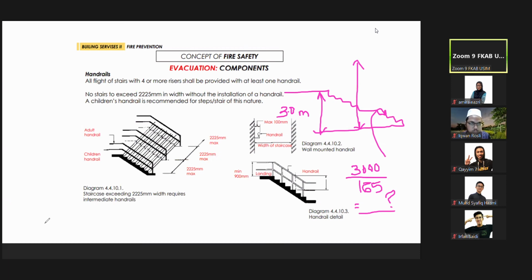Most probably the drawing has to be dog leg. Do you know how a dog leg looks? If we draw a dog leg, it is like this, okay?